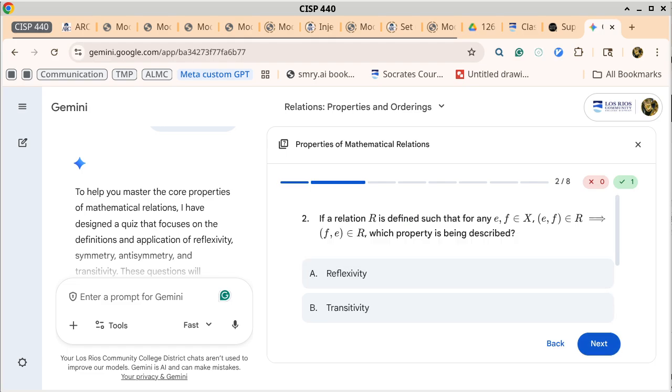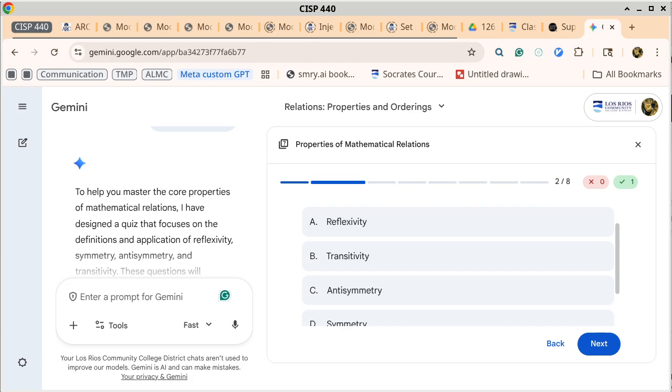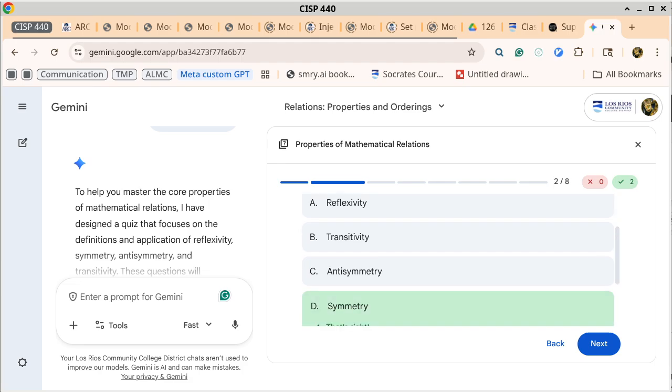Number 2: if a relation R is defined such that for any e, f in X, (e, f) in R implies (f, e) in R, which property is being described? Oh, that's an easy one. It's symmetry, so this one is answer D.